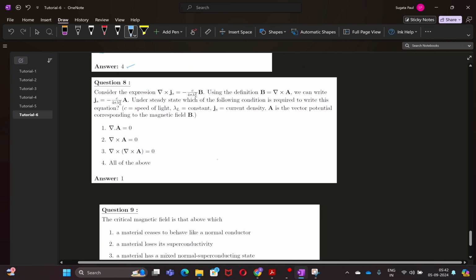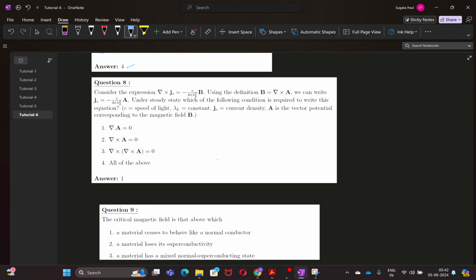Now question number 8 is: consider the expression curl of Js equal to minus c by 4 pi lambda L square into B vector. This is coming from the electrodynamic equations of the superconductor and leads to the London equation.